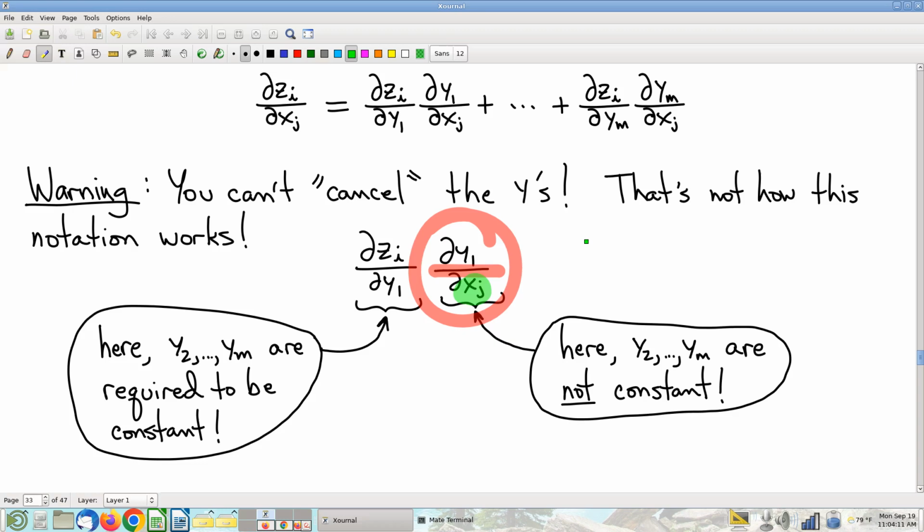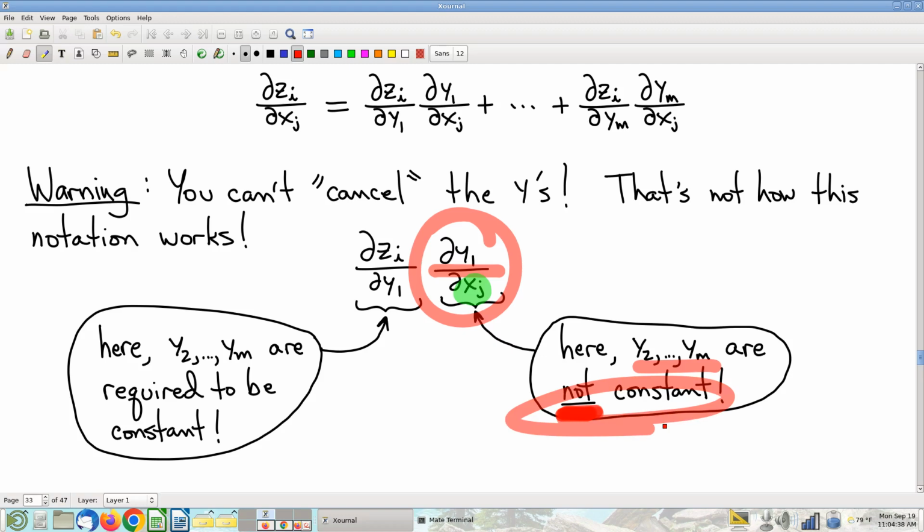Well, here's the thing. If you are changing xj, y1 is going to change, but all the other y variables are going to change too. You're literally changing the inputs to all of the y variables. All the y variables are going to be changing. So in this story, the other y variables, very importantly, are not constant.